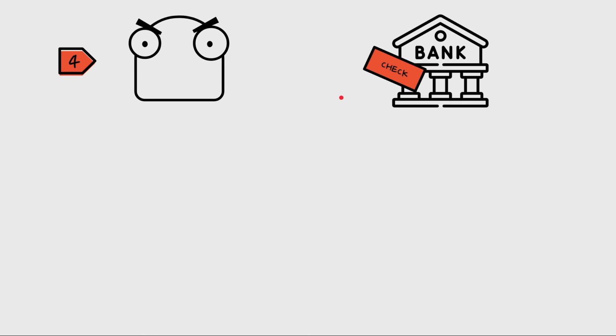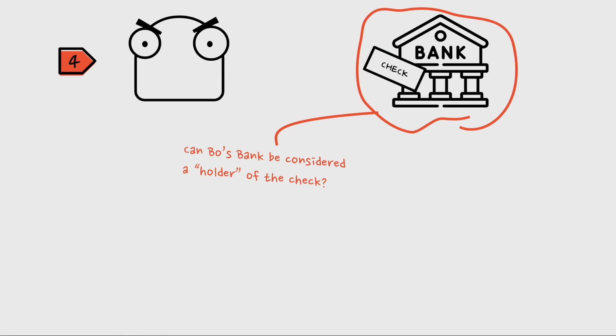Then in that case, it's like, well, is the bank a holder? Can the bank demand payment from Bob's bank, Bob's drawee bank? Is that what's occurring? Or can the bank qualify as a holder here? And that's the question we have to address: what's the effect of the forgery?